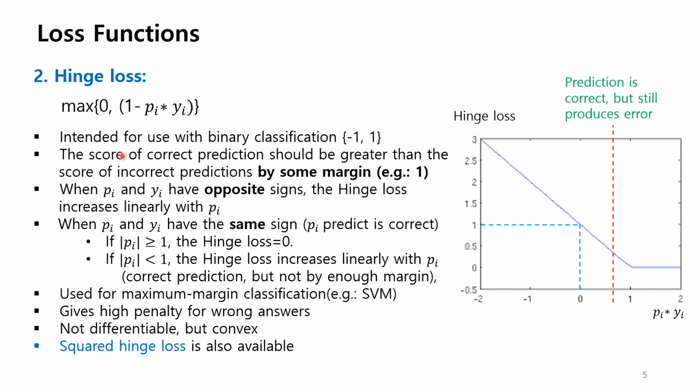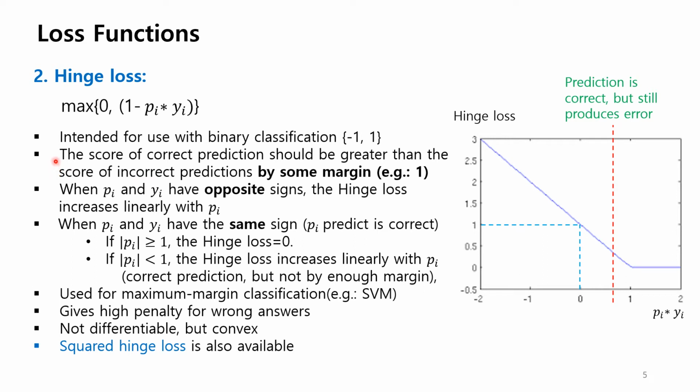The score of a correct prediction should be greater than the score of incorrect predictions. But that's not enough. It should be greater than the incorrect prediction by some margin.